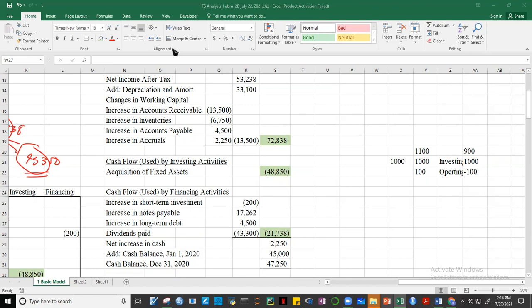Okay, thank you Jody for the rest. Kung done na kayo, pakilagay para at least may idea ako na you were able to complete your statement of cash flows.